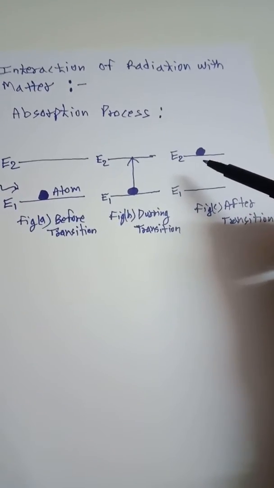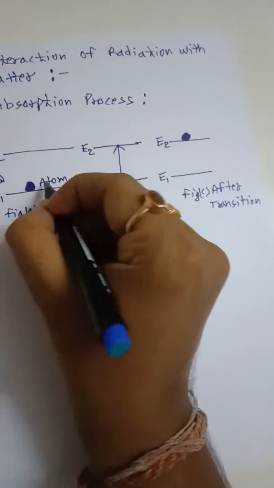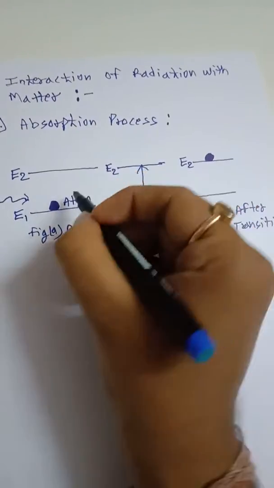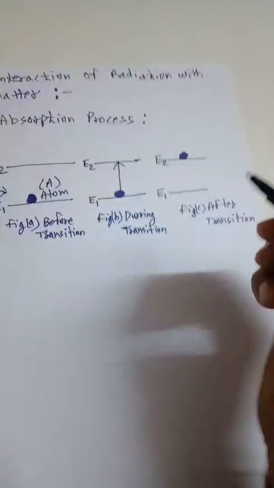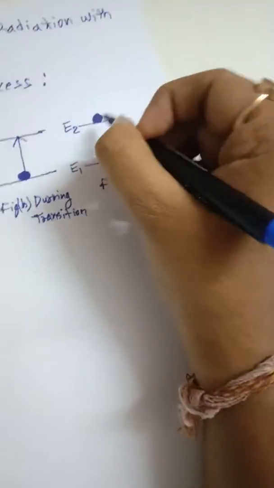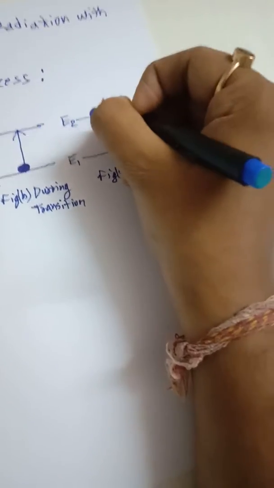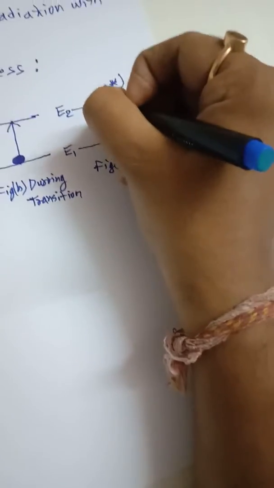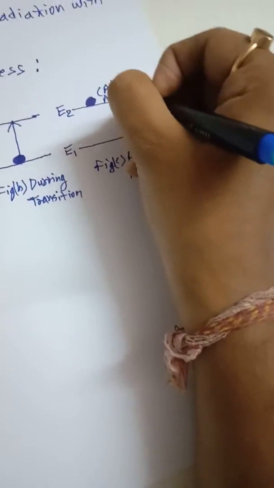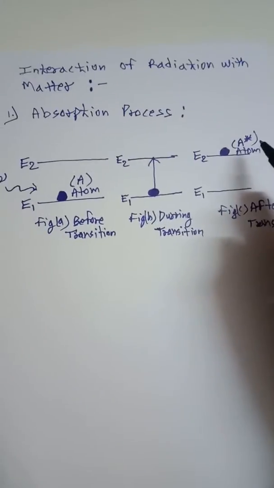We can also understand this from the mathematical point of view. Let us consider atoms present in the ground state, denoted by A. Once it has come to the excited state, the atom becomes A star. It is the same atom, but once in the excited state, it is denoted by A star.